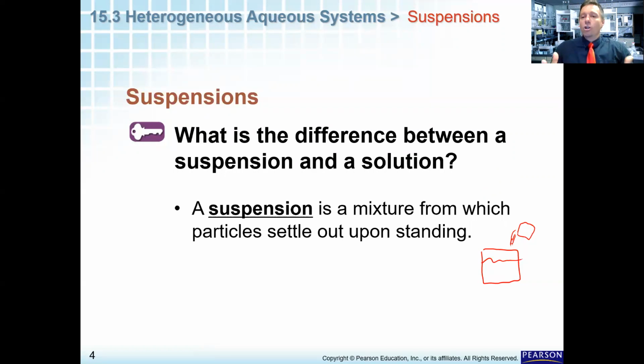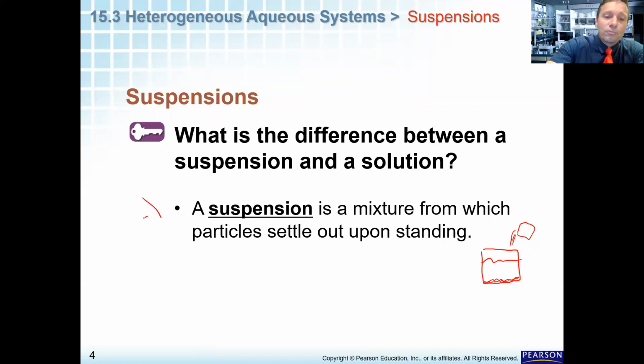You mixed it all up, and the dirt is all throughout it. Now it's all cloudy and murky looking, and you set that down. You wait about an hour, you come back, and on the bottom, you're going to see sediment deposited. That was because it was a suspension. And a suspension is a mixture from which particles settle out when it sits.